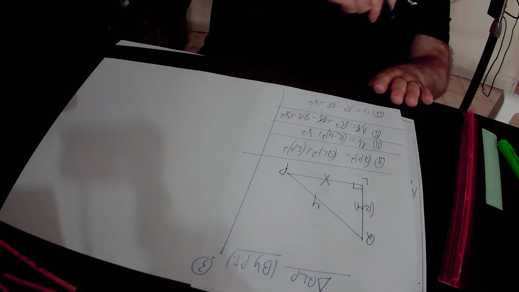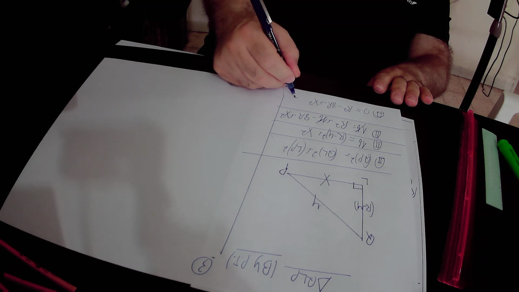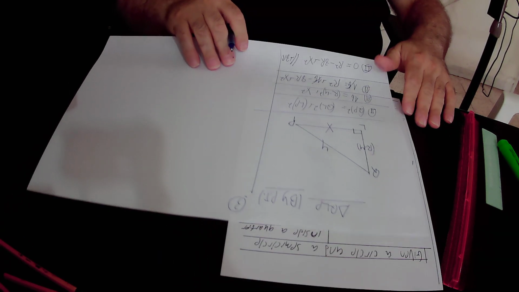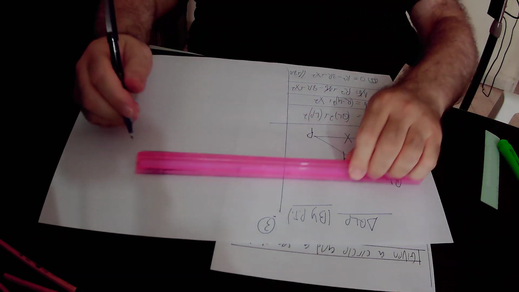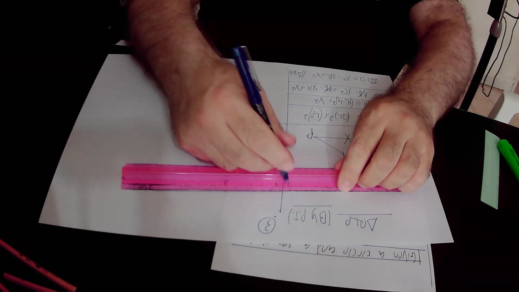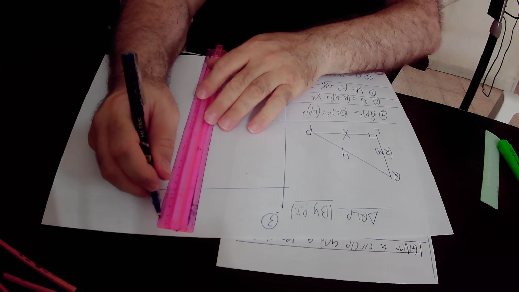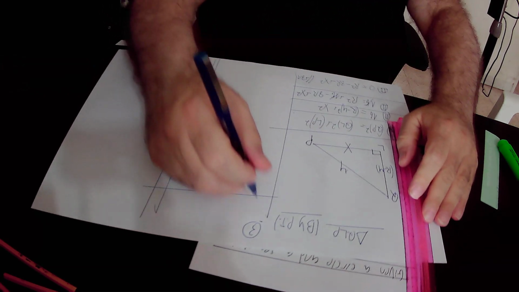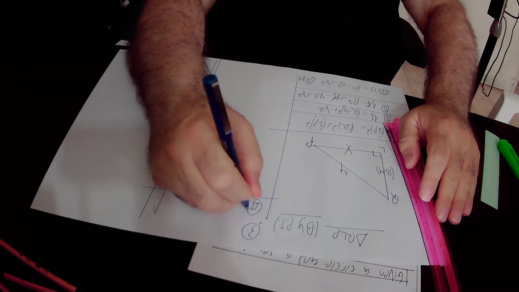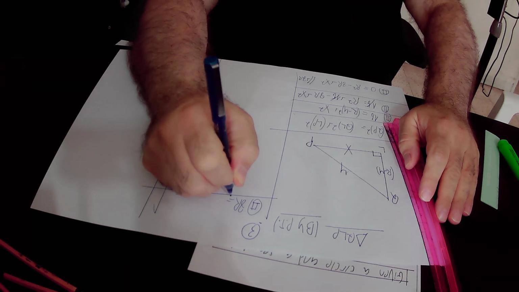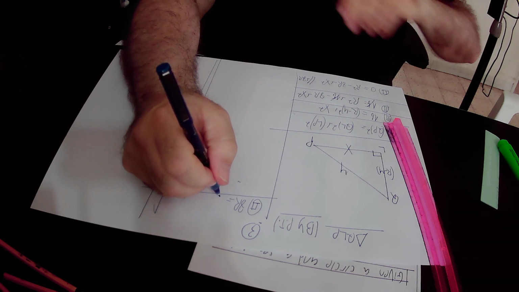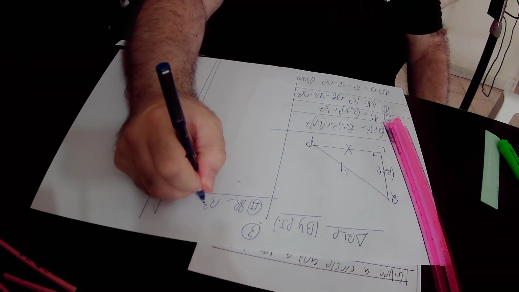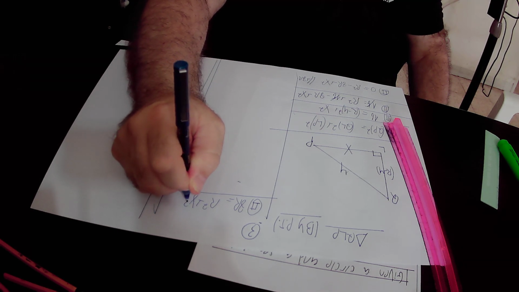Here we will add 8R to equation number 2, and we get that according to equation number 2, 8R equals R square plus X square.